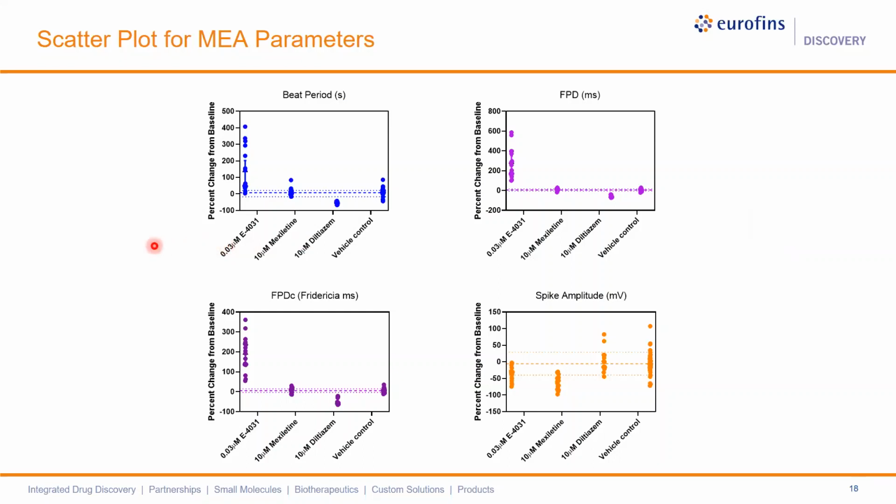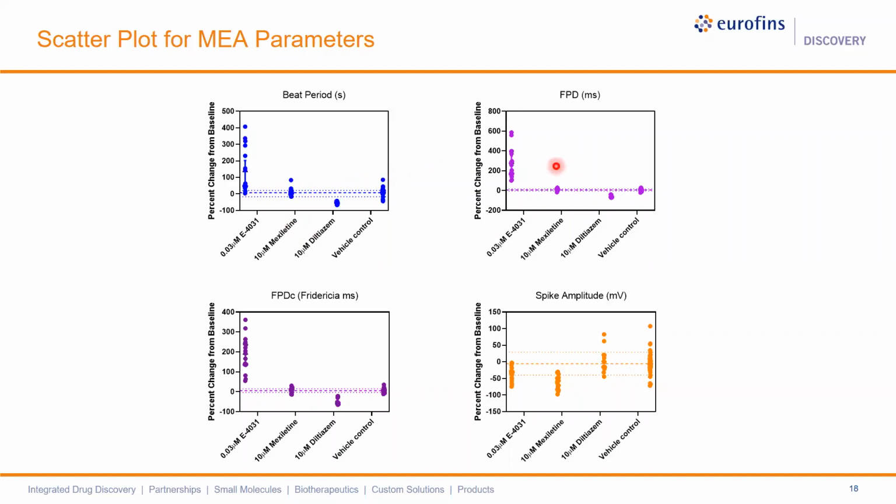And this is a scatter plot for these values, to show the 90% confidence interval for the beat period, field potential duration, corrected field potential duration, and spike amplitude. And you can see with E4031, the beat period increases because it delays the repolarization.